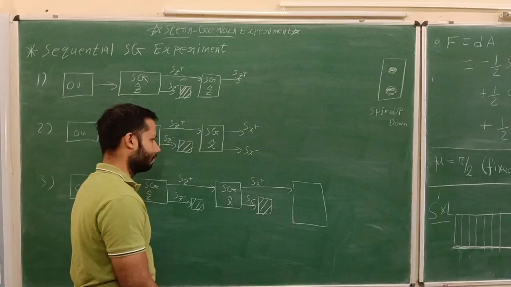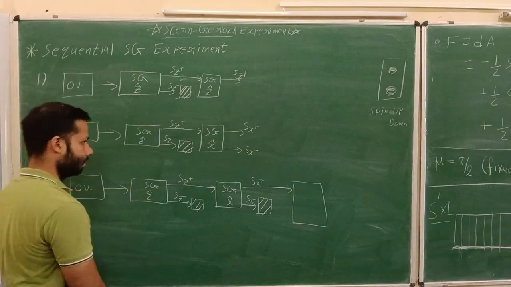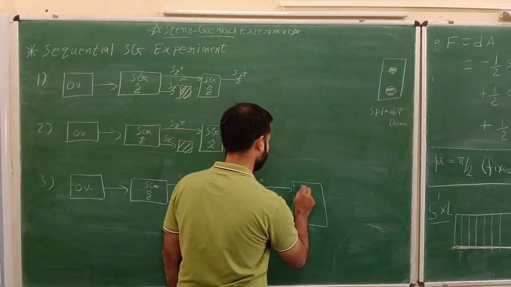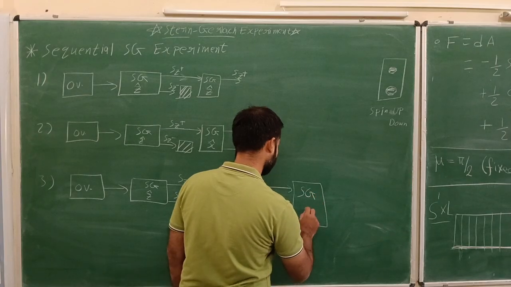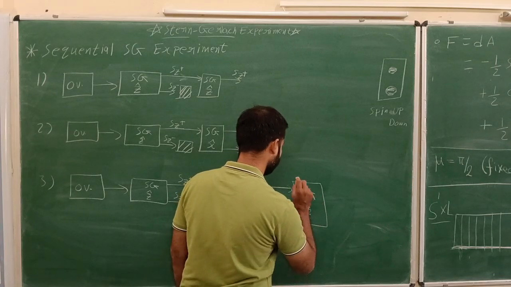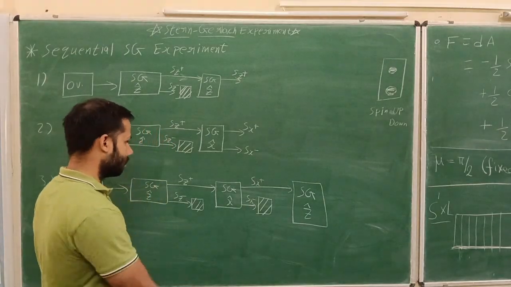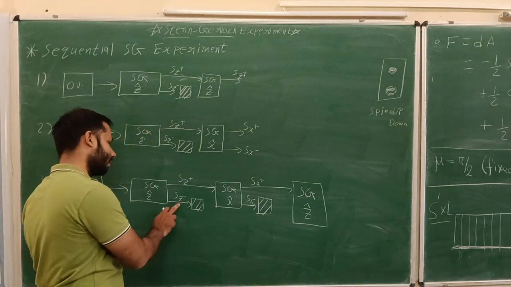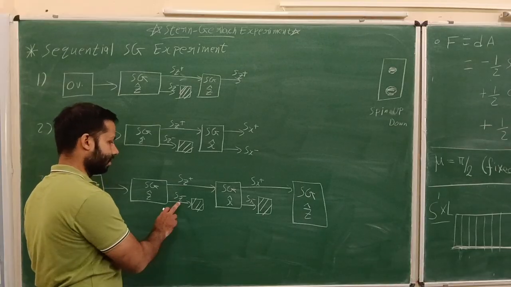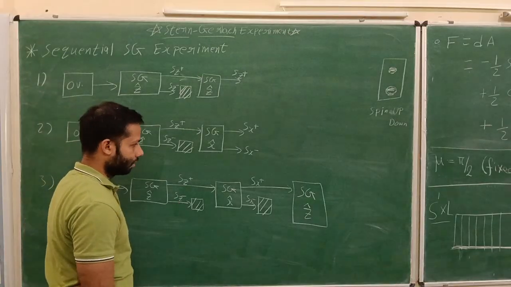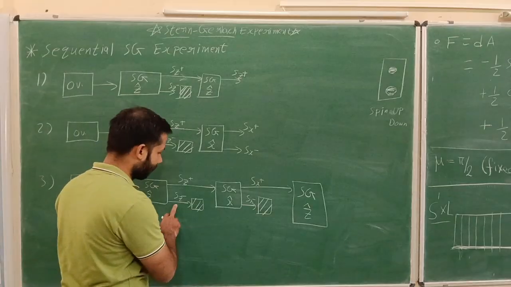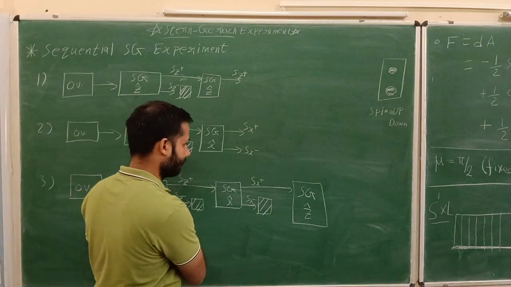Now again we are going to supply this to another Stern-Gerlach experiment in the z orientation. In this series of experiments we have already blocked SZ minus beams, so one can expect that I should not again have SZ minus beams.